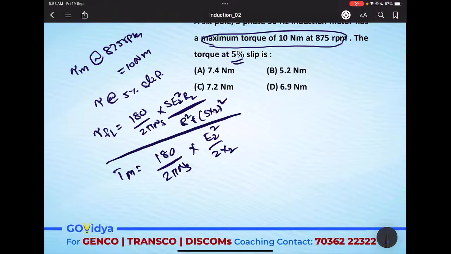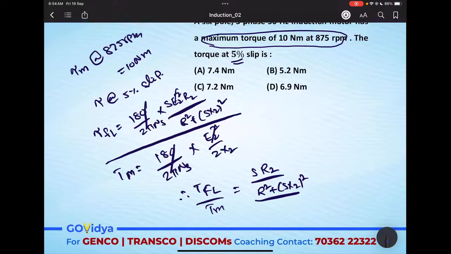If you make the cancellations here, full load torque to maximum torque can be given as S R2 by R2 square plus S X2 square, and the 2 X2 will go to the top.